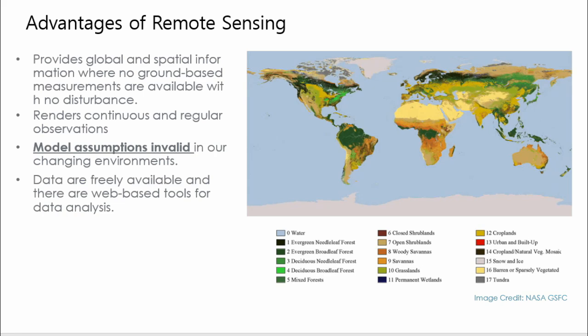Something like temperature, we're going to talk about this a few minutes later. Sometimes we assume that air temperature is equal to soil temperature, canopy temperature, or land surface temperature. However, this kind of assumption is not appropriate. It's invalid in our warming environments.